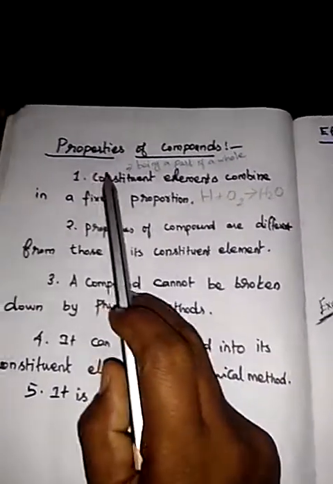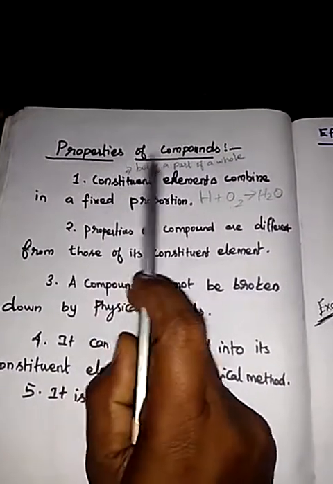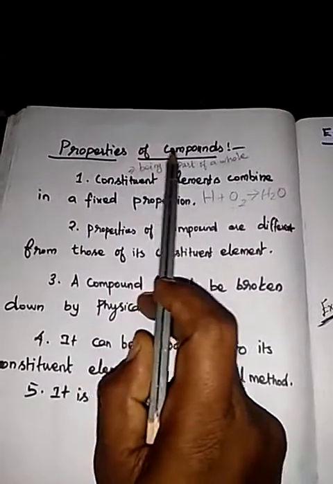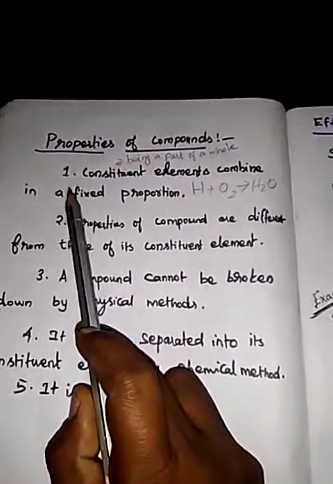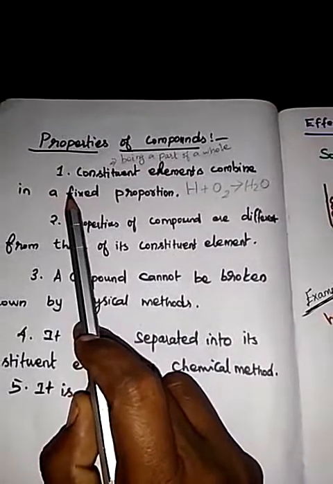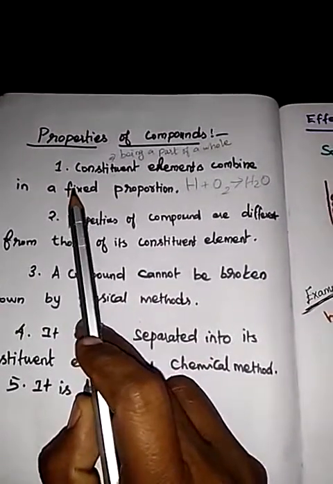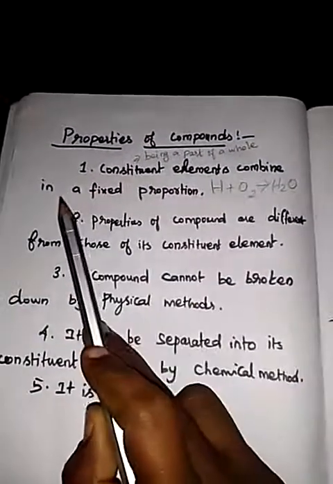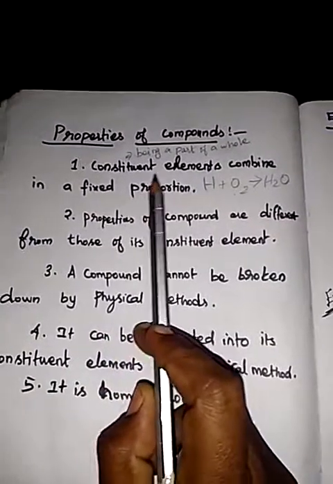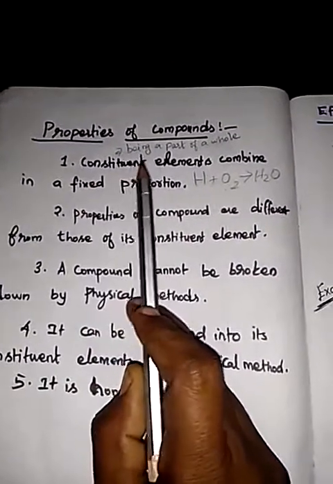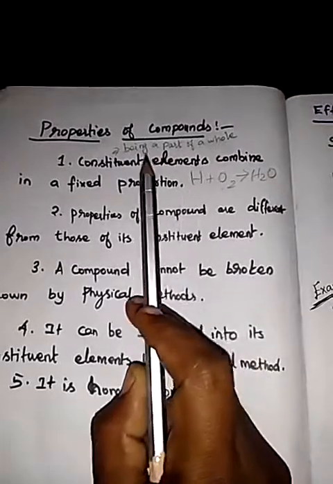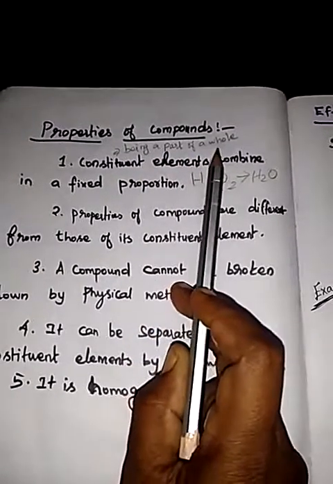Okay students, here is another topic, properties of compounds. The first, a compound is formed only when the constituent elements combine in a fixed proportion. What is constituent? Being a part of a whole.